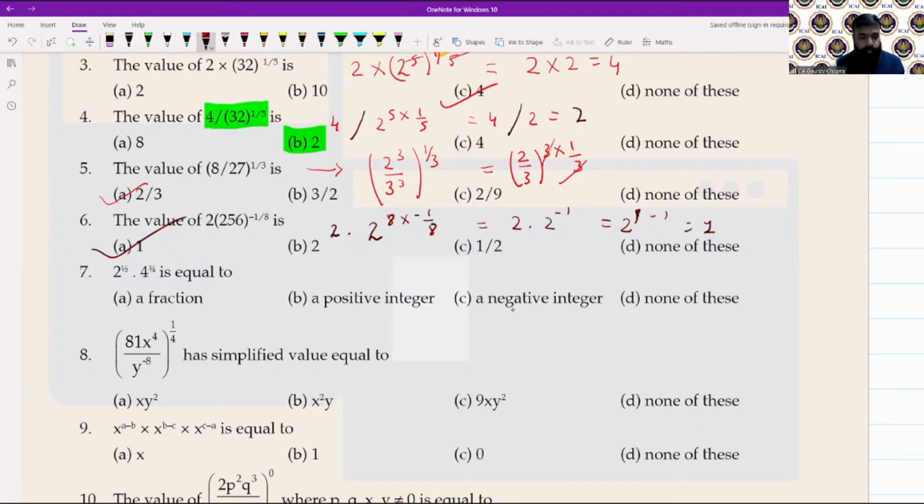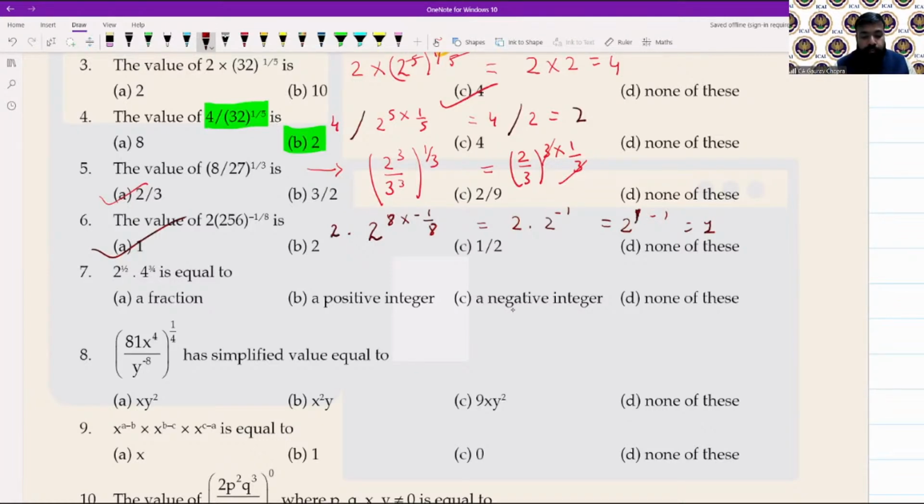Then the seventh one. Question 7 says 2 to the power of half and 4 to the power of 3/4 is equal to. It is equal to a fraction or positive integer or negative integer. Which is the correct option? You have to find it out.